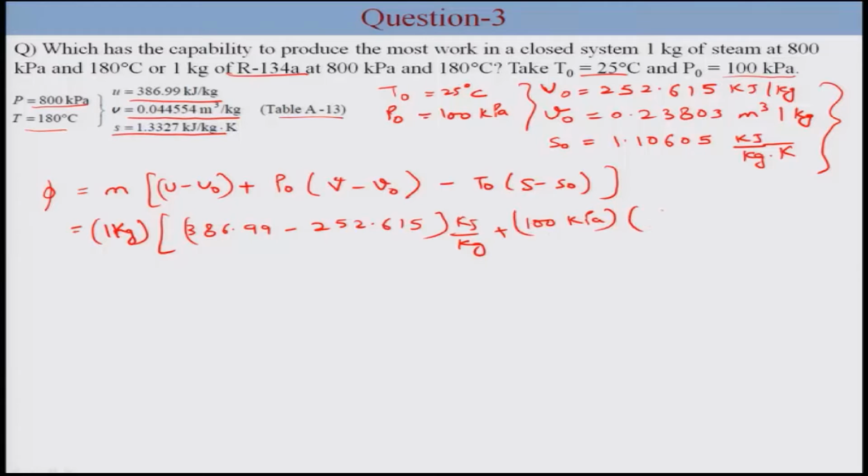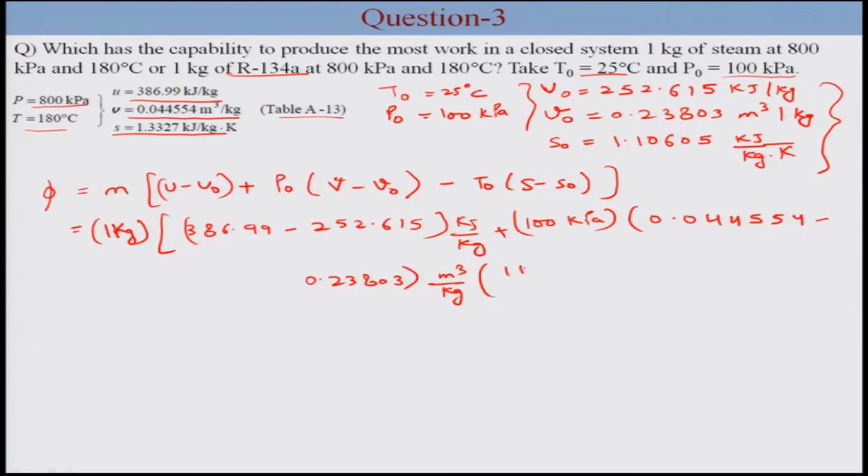Multiplying this by V minus V0, so V is 0.044554 minus V0 is 0.23803, and it is meter cube per kg.